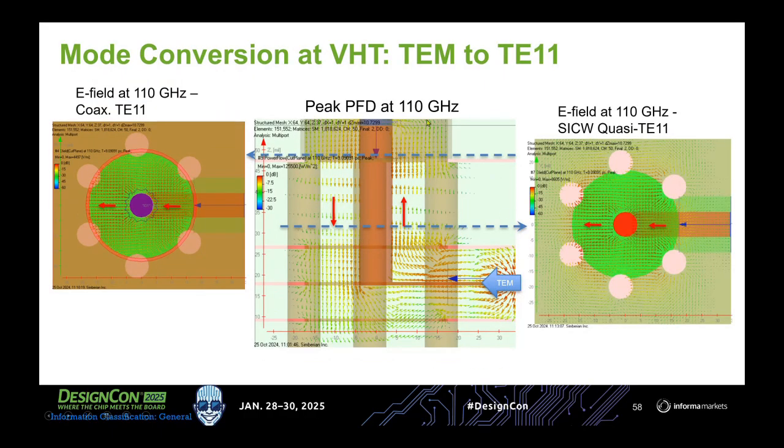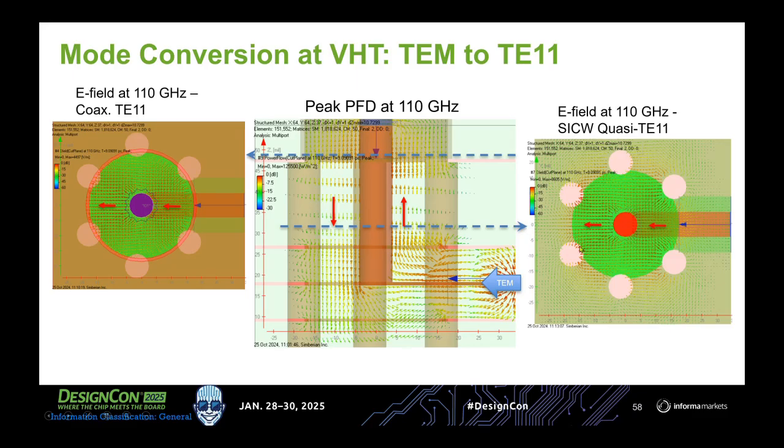But if you go up to higher frequency, in this case 110 gigahertz, the field that gets in here doesn't get the delay here, it is almost exactly like a quarter of wavelength, and you get coaxial T11 mode instead of coaxial mode in the coaxial waveguide, and that is a brick wall of the VIA design.